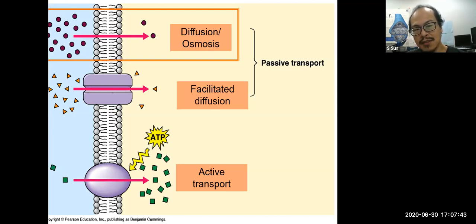So protein can serve as the channel or the pump to move substance from one location to the other. If it's a channel, it moves from high concentration to low concentration. If it's active transport, a pump, it will move from low concentration to high concentration, and that movement requires energy, ATP.